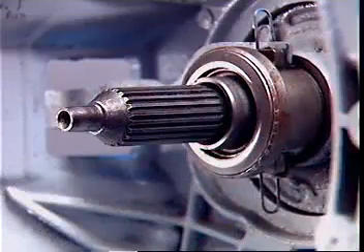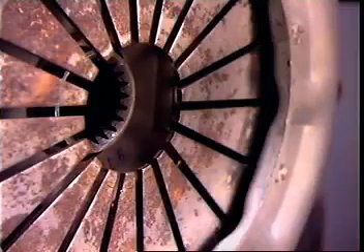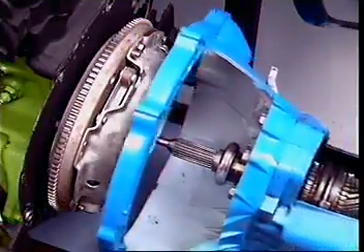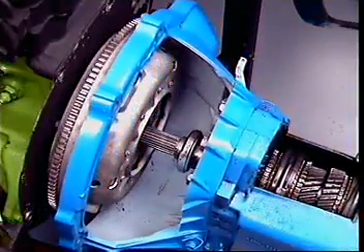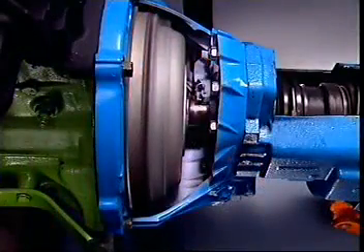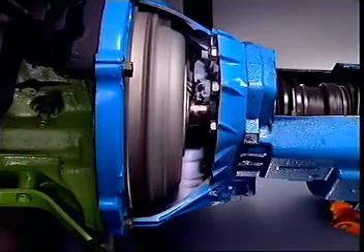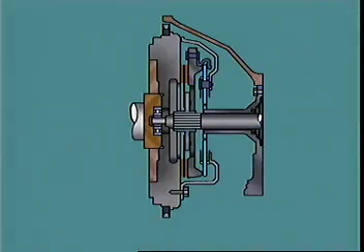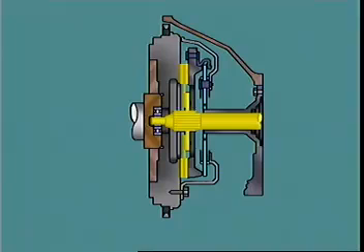The input shaft passes through the center of the pressure plate to engage the splines of the friction disc hub. With engine rotation, the flywheel and clutch assembly rotate as one unit. Engine torque is transferred from the flywheel through the friction facings to the splined hub and into the transmission.